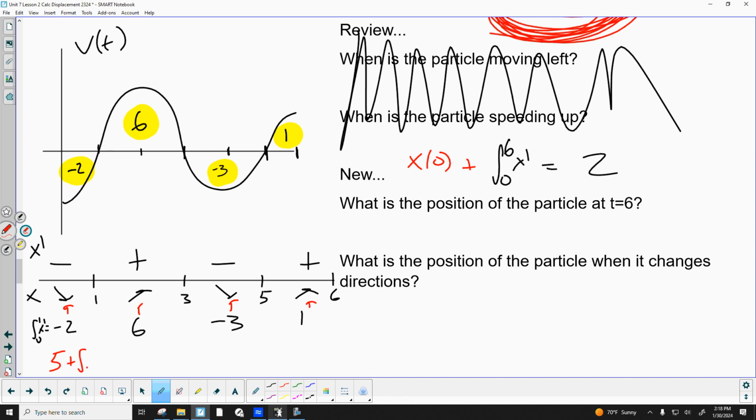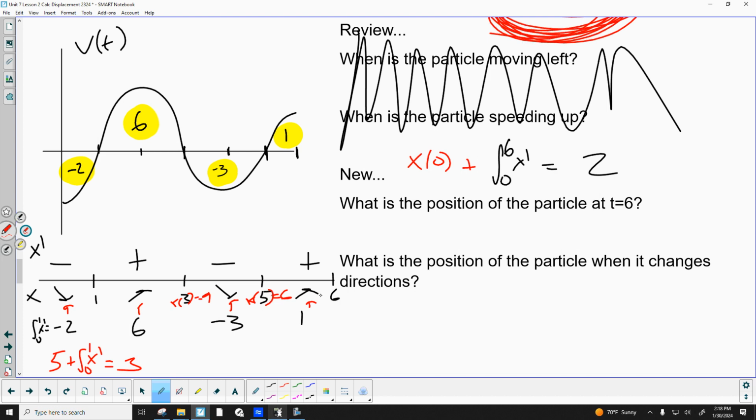I add my displacement. I now have a position of 3. That's here. Then I add 6. At time 3, I'm at a position of 9. Then, 2 seconds later, I've decreased by 3. At time 5, I'm at a position of 6. Then I increase by 1.